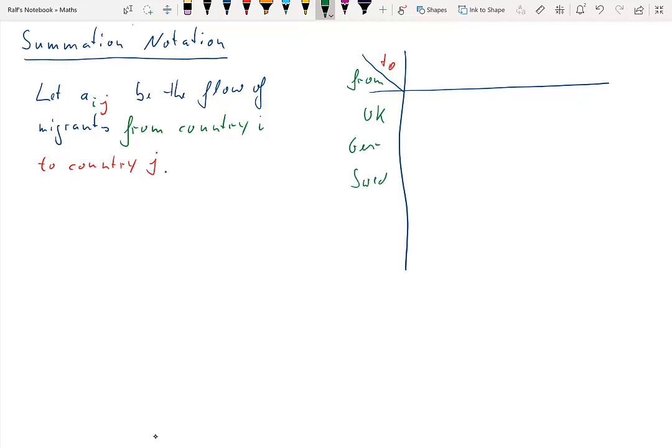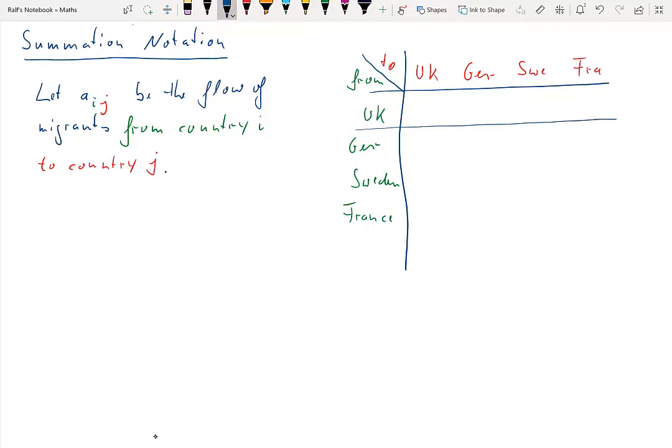So let's say we're only looking at 4 countries, the UK, Germany, Sweden and France, all European Union countries. And we want to understand the migration flows between these 4 countries. So we also need to look at the destination countries, the same countries, UK, Germany, Sweden, and France.